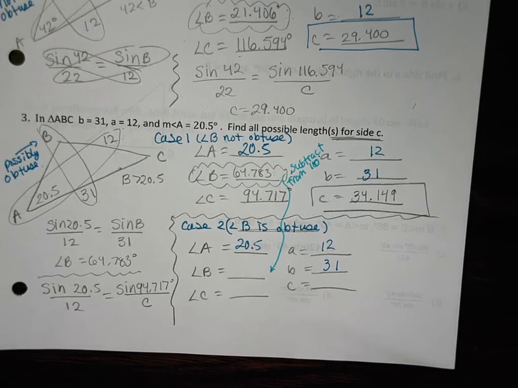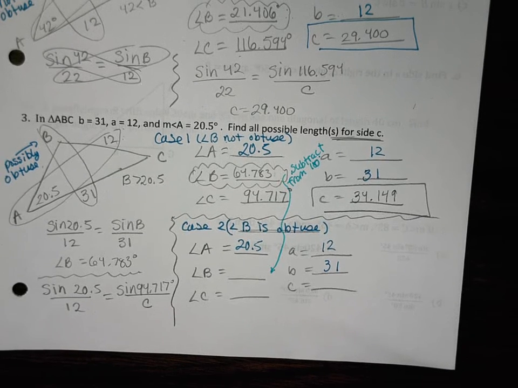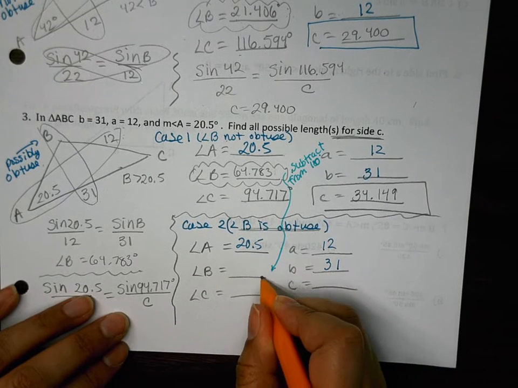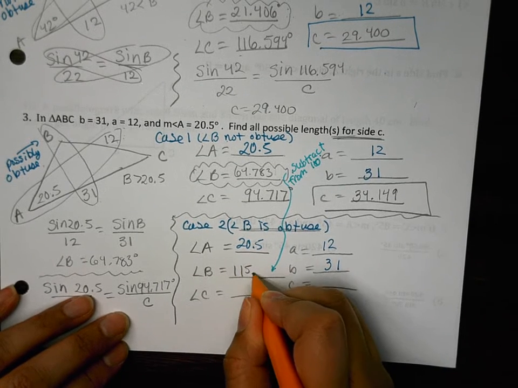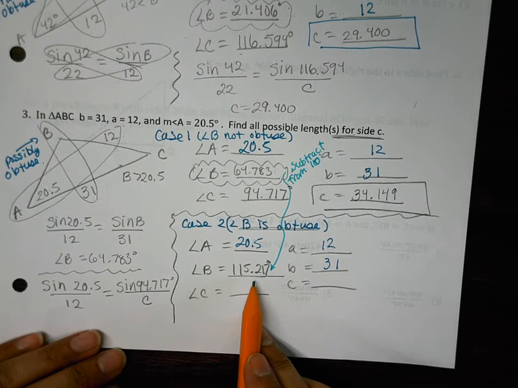So 180 minus. Go ahead and do that now. And what do you guys get? 0.217.